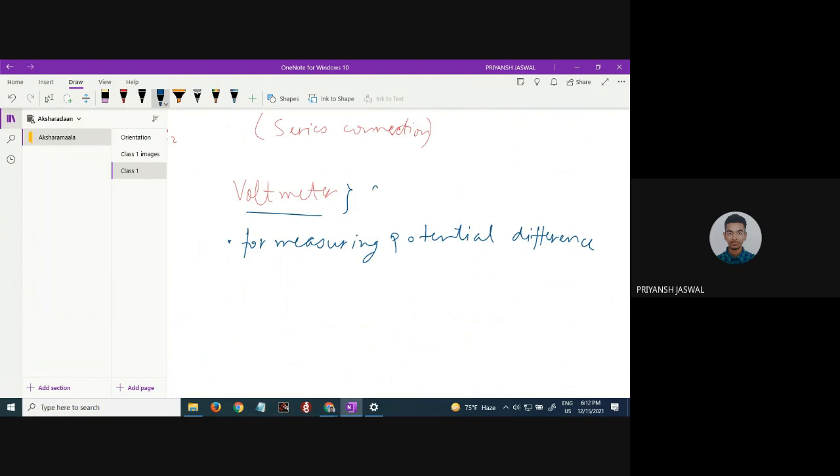This is the analog version, meaning there are no electrical digital ICs. Inside this voltmeter there are coils and other material pieces, and there is another one called multimeter. This is also used for measuring potential difference and many other applications. For our interest, we will measure potential difference only. In this, it has digital electronic circuits, like integrated circuits, ICs.